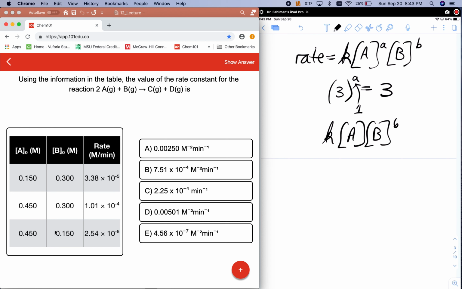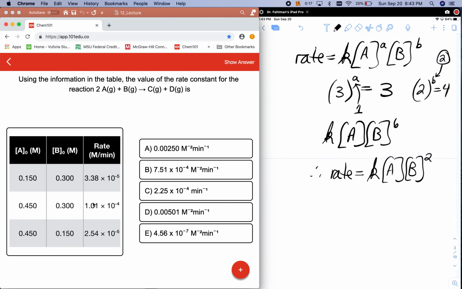So here you're doubling, but the rate goes up by 4. And so as far as B, that now is 2. Therefore the whole rate law is k[A][B] squared.